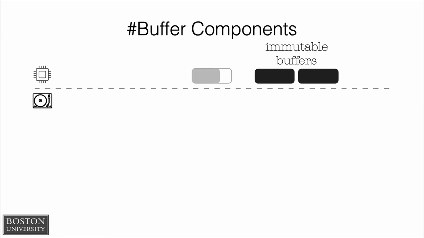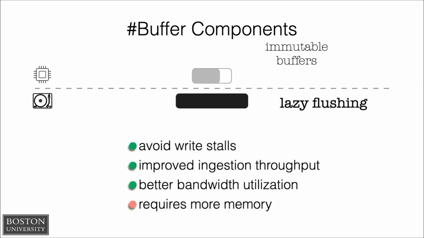And at a later instance of time, when there is not much pressure in terms of ingestion, we can compact all these immutable buffers and write them back to the disk. So lazy flushing has its own benefits. It can help us avoid write stalls, absorb high pressure of writes. But of course, as we discussed, it requires a little bit more memory because we are now storing more immutable buffer objects in memory.